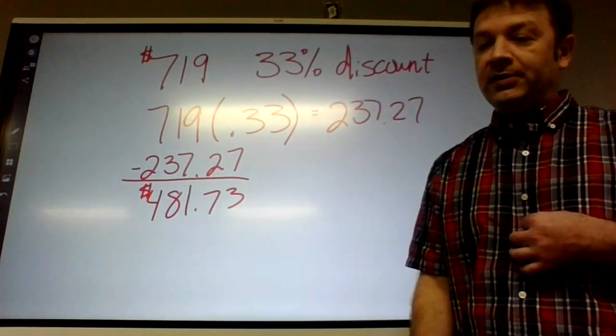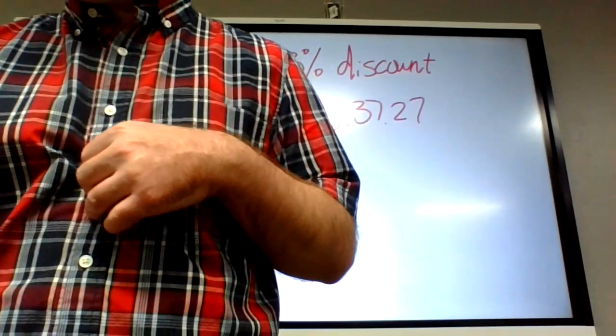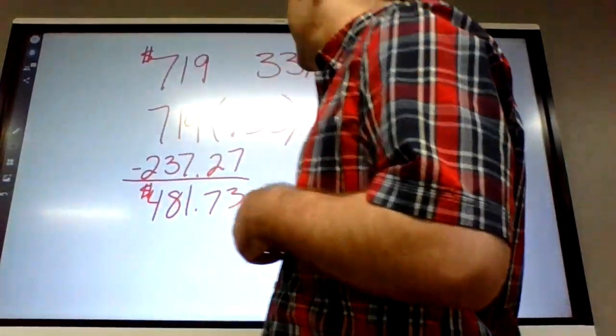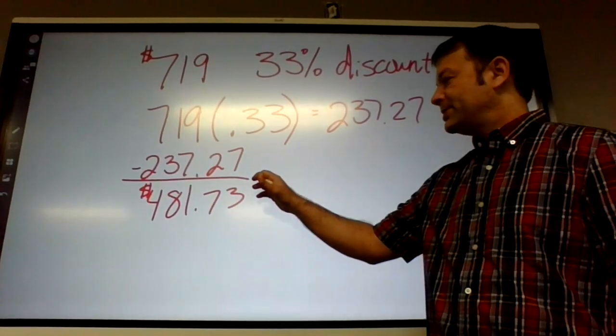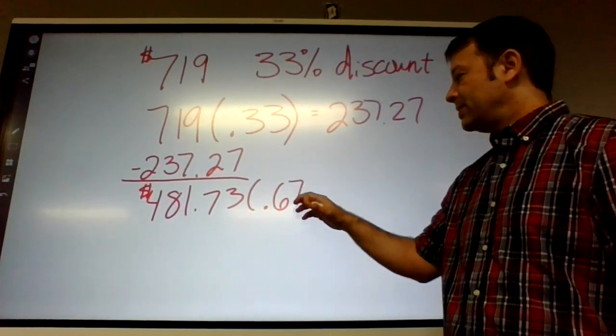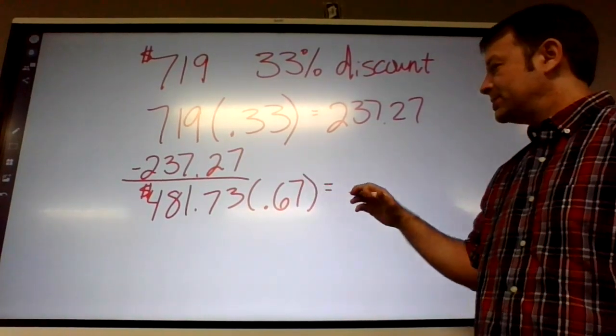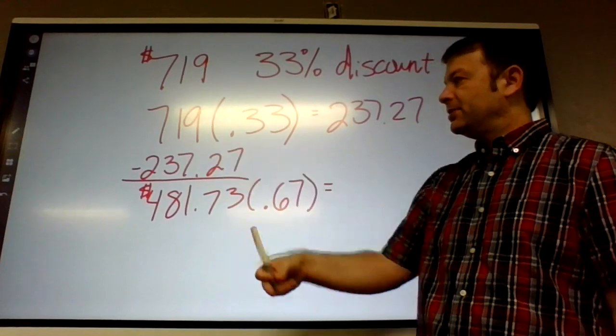Okay, after that, I guess nobody was buying it because they did another discount. 67% off this time. So how do I drop this by 67%? Yeah, kind of the same process, times 0.67. Now we're doing 67% of the new price, not of the old one.